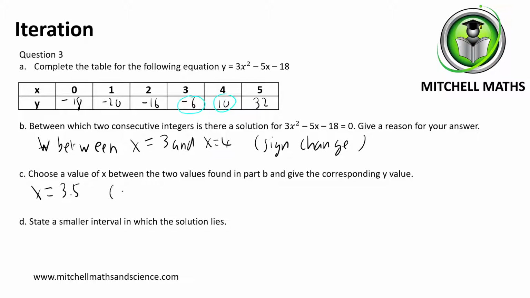And then, just like you did for your other values, you do 3 times 3.5 squared minus 5 times 3.5 minus 18. And that would give you your corresponding y value, which for this question is 1.25.